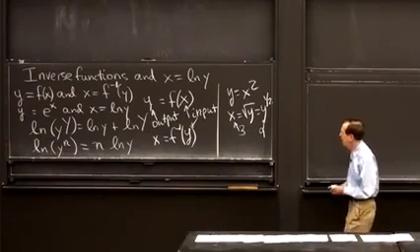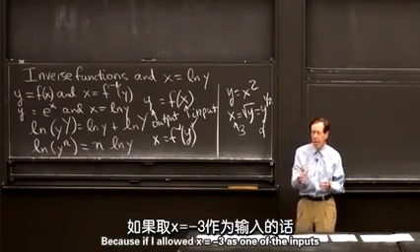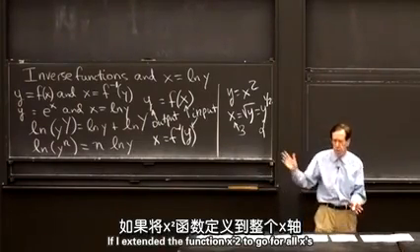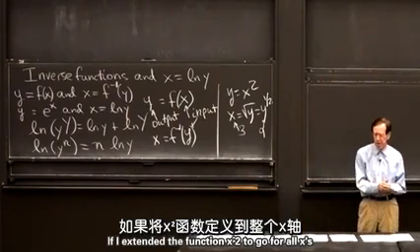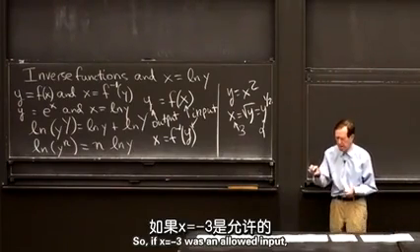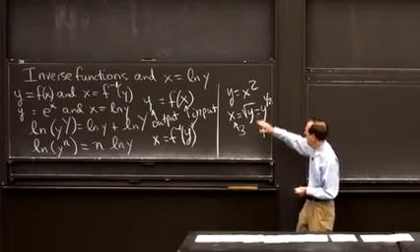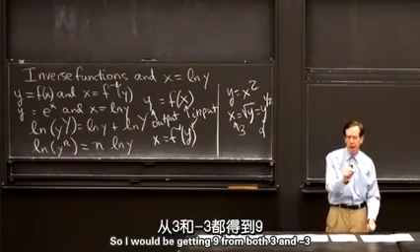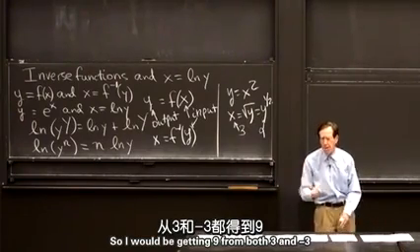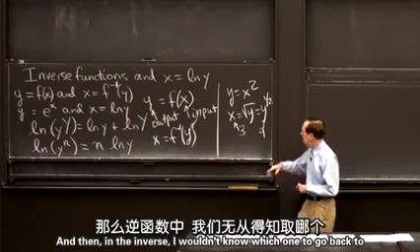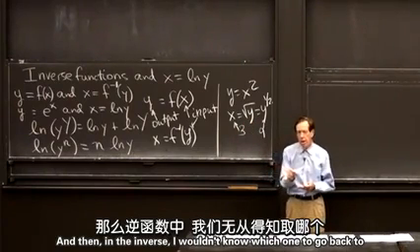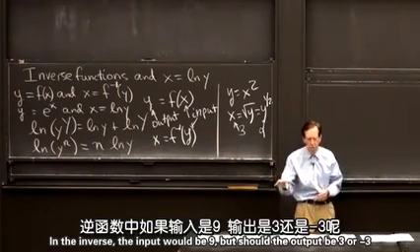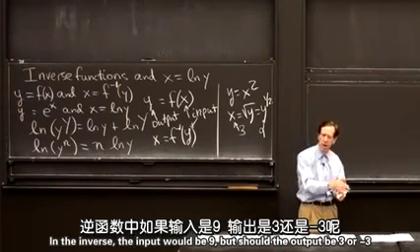Well, why not? Because if I allowed x equal -3 as one of the inputs, if I extended the function x squared to go for all x's, then y would be the same answer, 9. So I would be getting 9 from both 3 and -3. And then, in the inverse, I wouldn't know which one to go back to. In the inverse, the input would be 9, but should the output be 3 or -3?